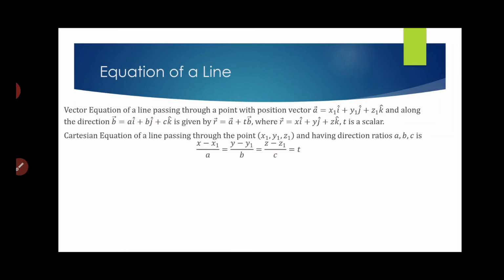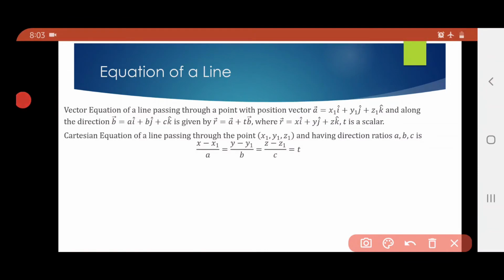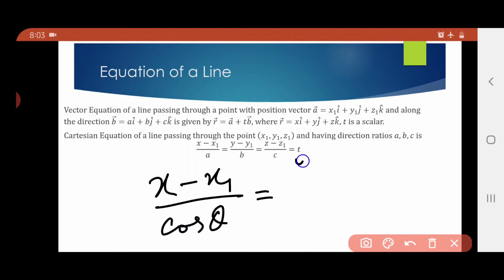Now what does t do? T is like the factor which tells us the ratio between x minus x1 by a, y minus y1 by b, and z minus z1 by c. This is called the symmetric form of the straight line. Now obviously we have a symmetric form of straight line in 2 dimensions as well, but we don't make much use of it. If you remember, there is something called x minus x1 by cos theta equals y minus y1 by sine theta.